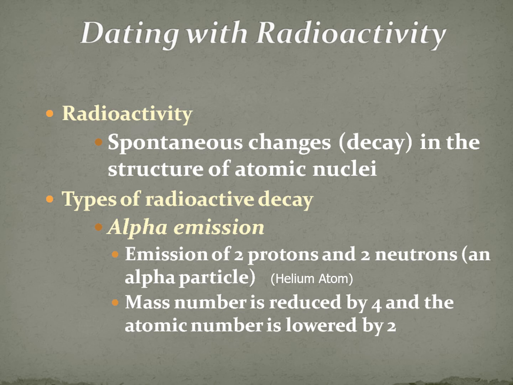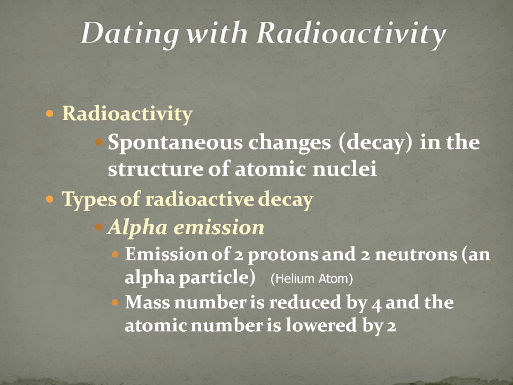So radioactivity is referring to spontaneous changes or decay that occurs in the nucleus of atoms that are unstable or radioactive. One type is referred to as alpha emission. What happens here is that 2 protons and 2 neutrons, also referred to as an alpha particle, are ejected from the nucleus. I have in parentheses here helium atom.